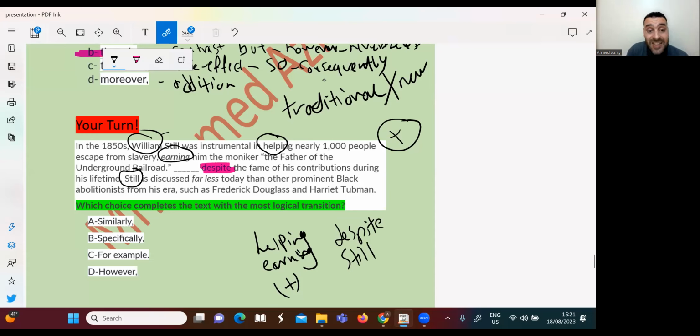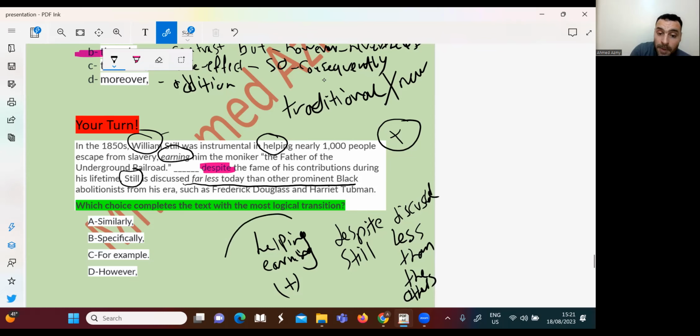He is, as discussed, far less today than other prominent Black abolitionists from his era. They talk about him less than the others. So sentence number 1 says this man was helping people, earning, and so on. That's positive.